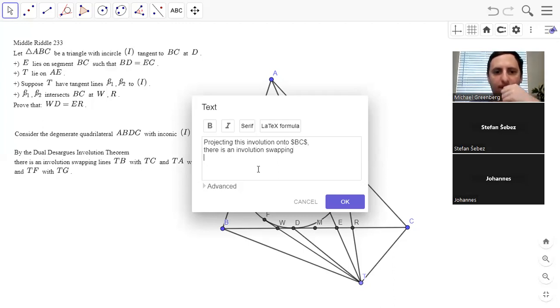Now we're just considering points on the line instead of lines on the pencil of lines through T. So now we're just swapping points: B and C, W and R, and E and D.